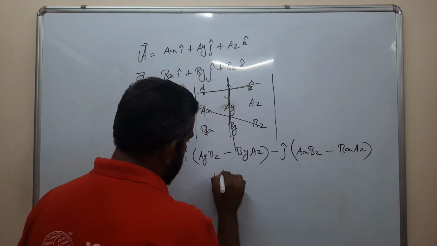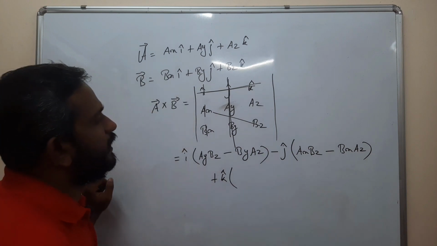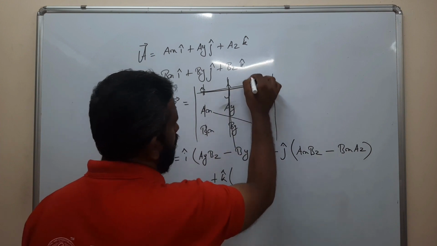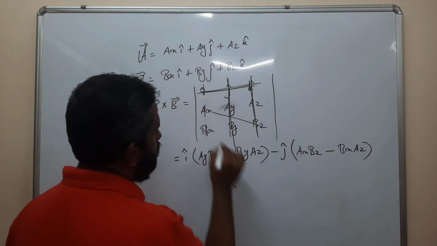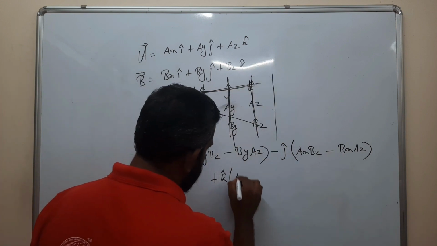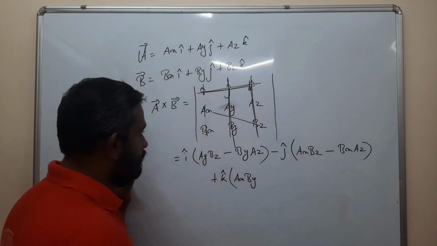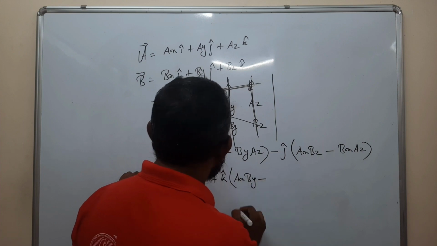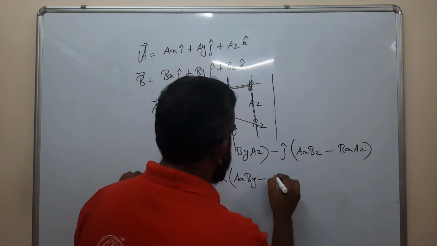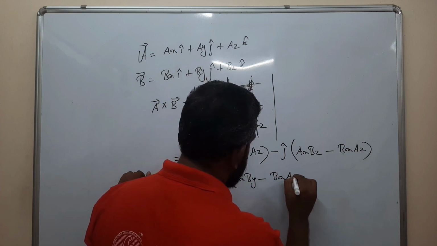Plus k cap into, cutting this row and this column, ax by minus bx ay.